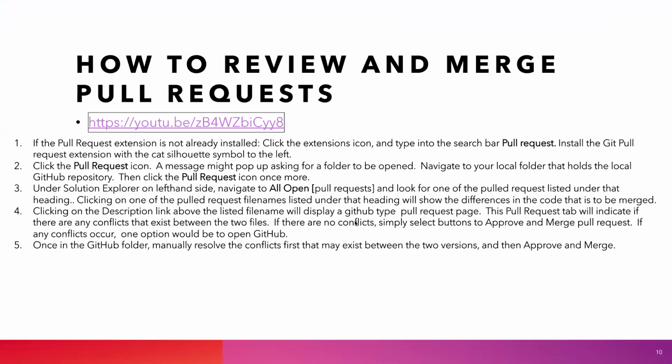Yeah, so what we did in that video, you just install the pull request extension, and then you want to do the pull request. A message might pop up asking for a folder to be open. You navigate to your local folder that holds your local repository, and then you click the pull request icon.